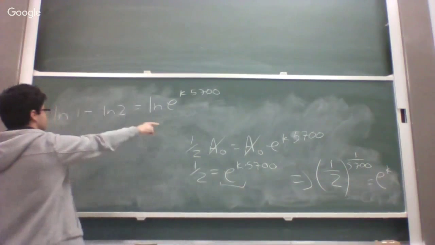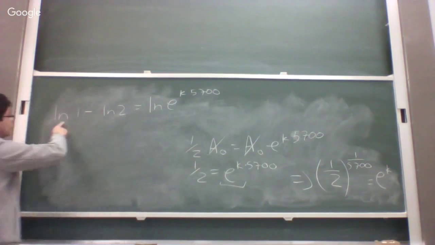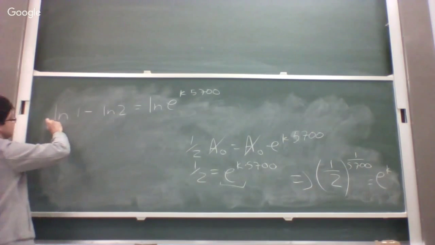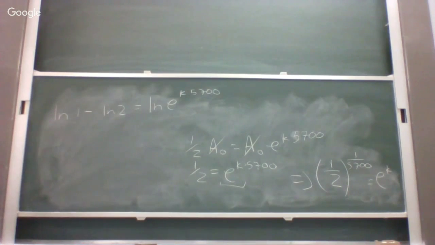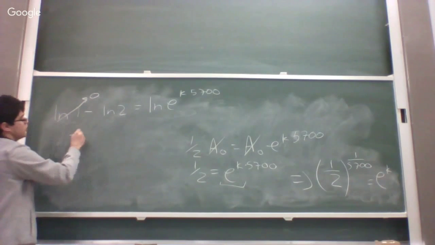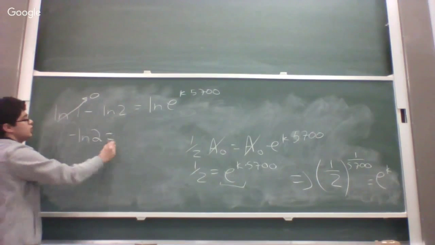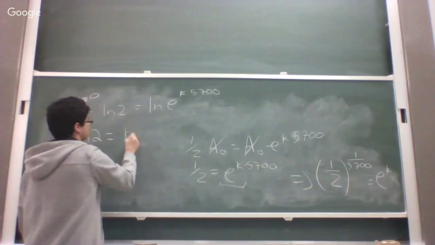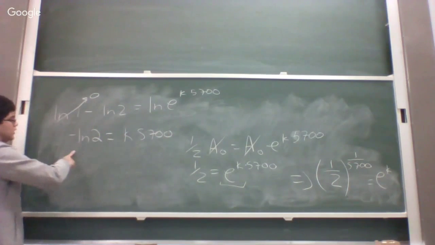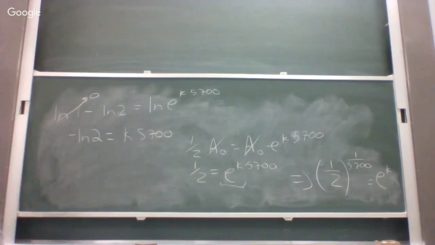But if we do it this way, natural log of 1 is what? 0. So then we are left with minus natural log of 2 equals k times 5,700, which we bring down, and we get k that way.